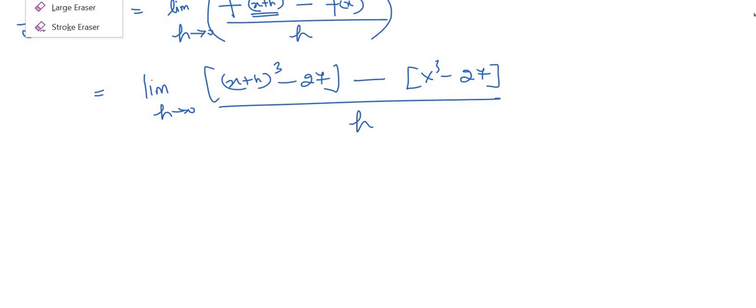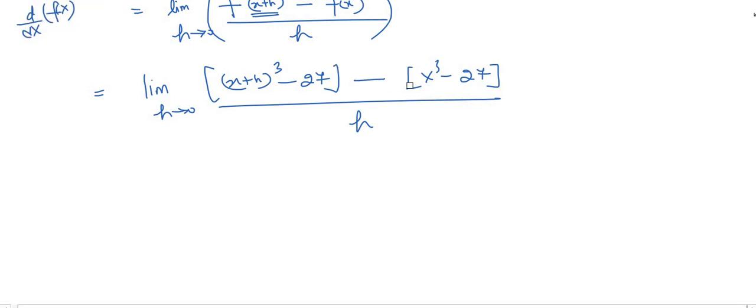What can we do now? See here carefully. Can I open this minus? If I open this minus, watch carefully. This minus will become plus. So we have removed the brackets. Because of this minus sign, this became plus. Now I think this and this are cancelling.